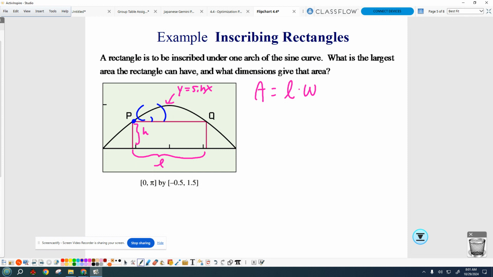How do I find the coordinate for P? Yeah, this coordinate P, it's where the rectangle hits the sine curve.